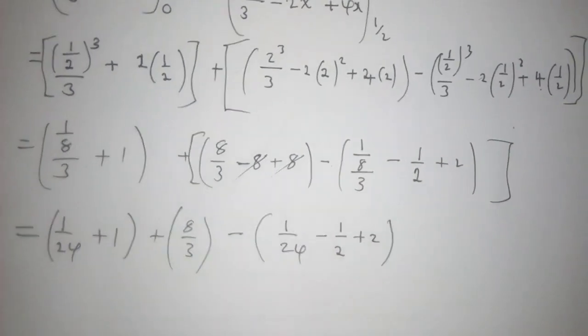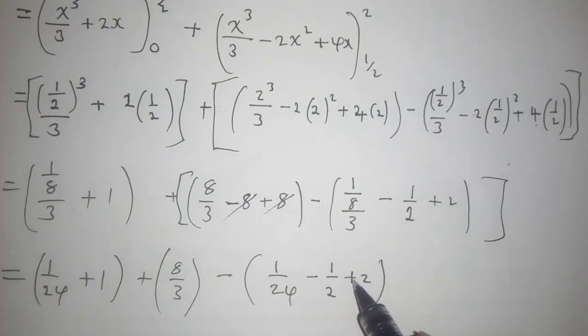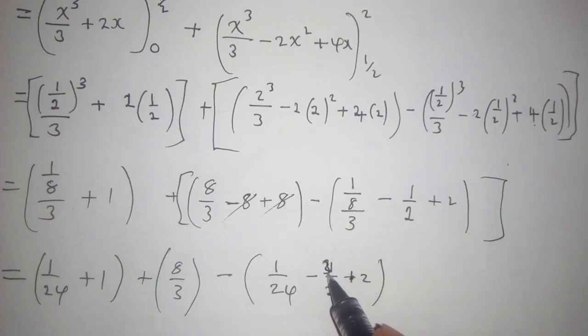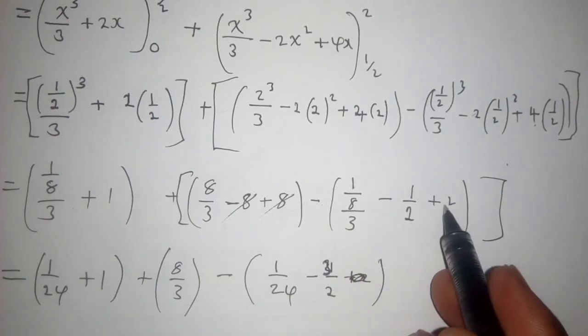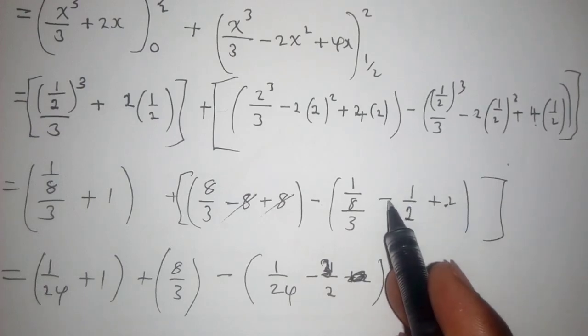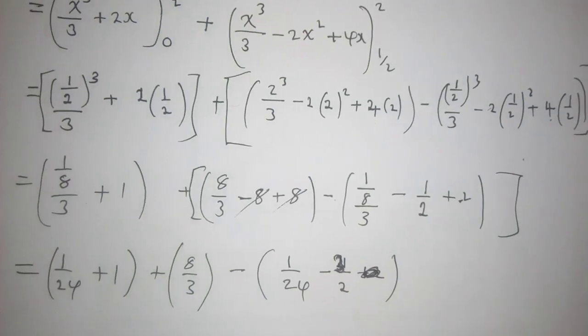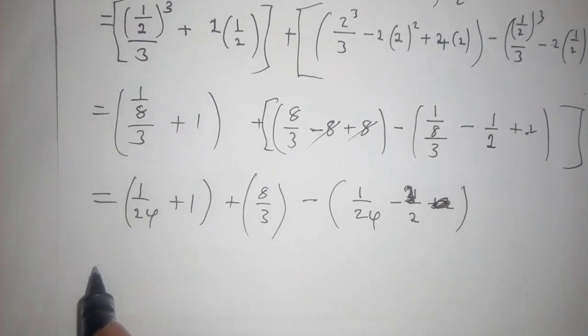Or if you want, you can just work this out. It's 3 over 2, if I'm not mistaken. Because if we add negative 1 over 2 plus 2, it will be 3 over 2. So we clean it up.